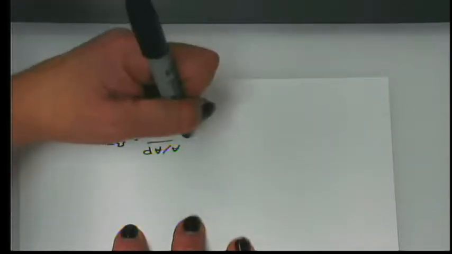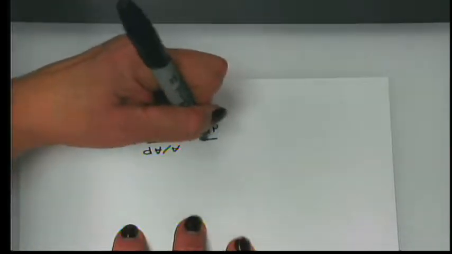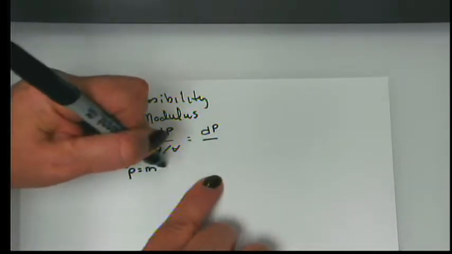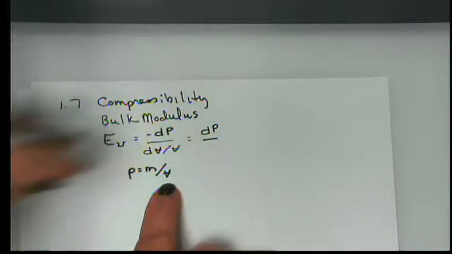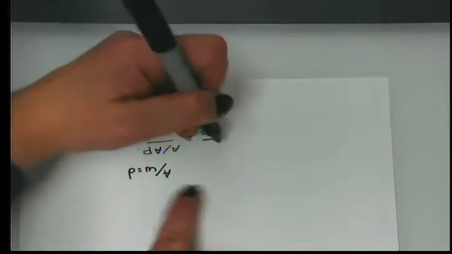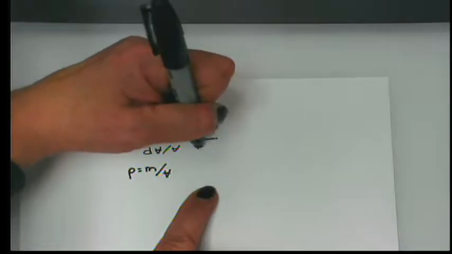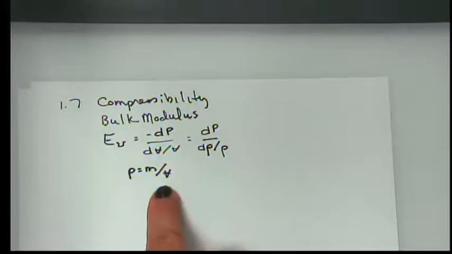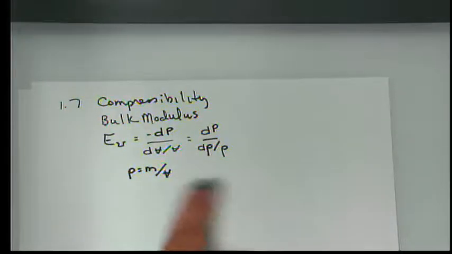Now, if we remember that density is equal to mass per volume, using the V with a cross through it like your authors do, we can also write this as d rho over rho, because the mass in both cases is the same and it will cancel out.